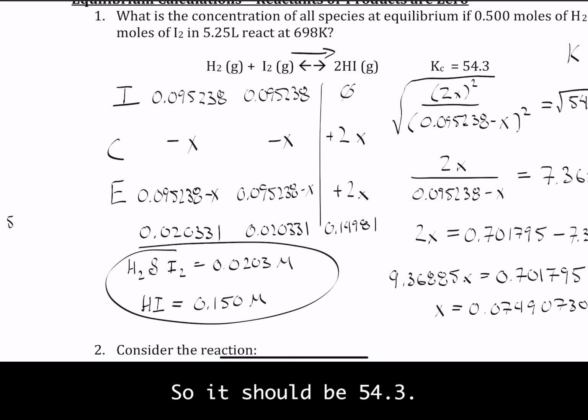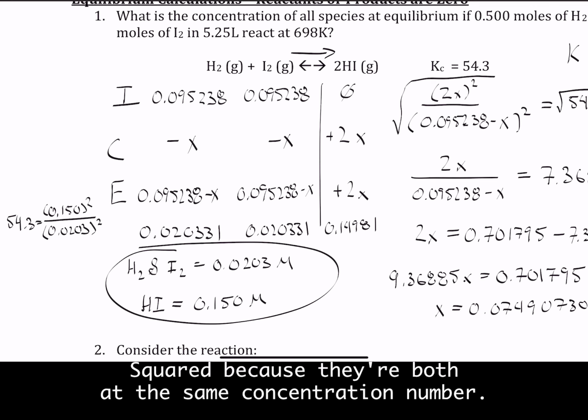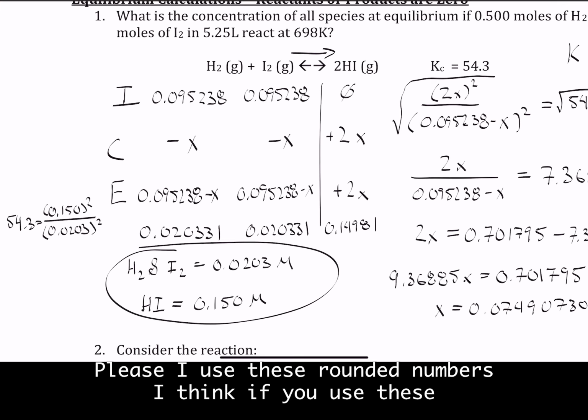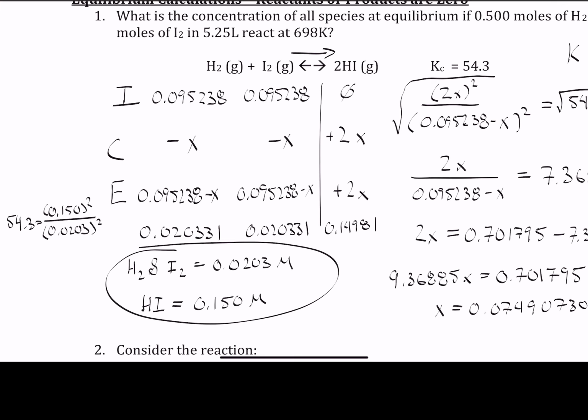So it should be 54.3. Squared because they're both the same concentration. It comes out to 54.6. But I did round these. I used these rounded numbers. I think if you use these, you'd get closer to 54.3.